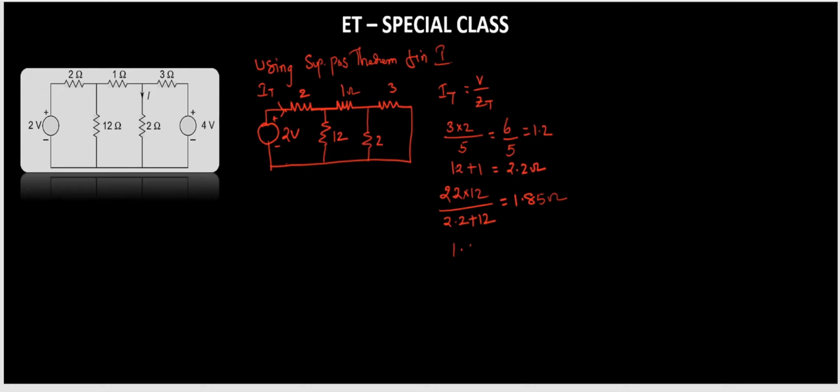So 1.85 plus 2 is 2.85, so that ZT is equal to 2.85. So IT is equal to 2 by 2.85. How much? 0.701.